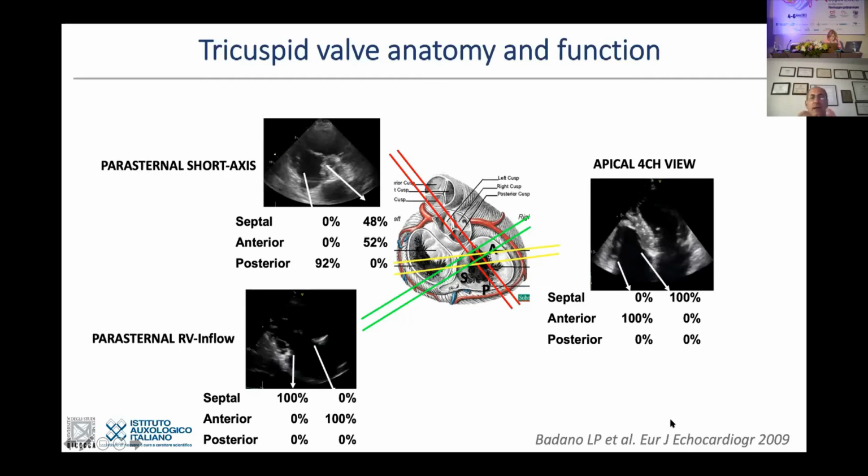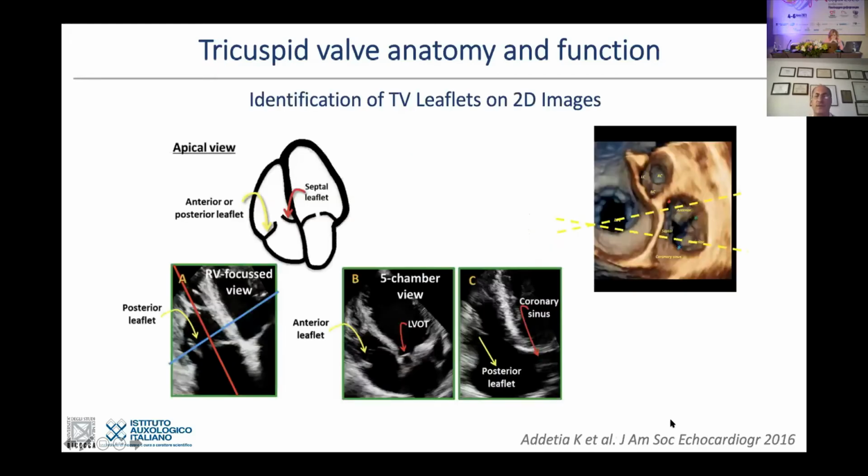So it's quite unusual to have the entire valve examined with 2D echocardiography. And depending on the orientation of your view, it's quite challenging to identify exactly the leaflets that you are looking at using your 2D images.